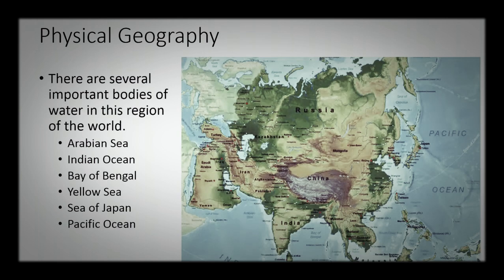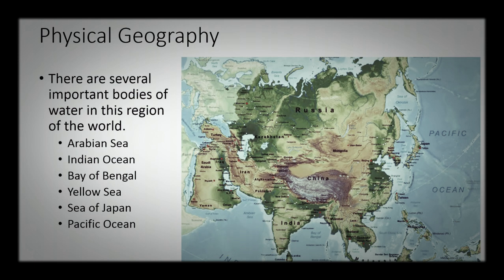This region is surrounded quite a bit by water. We have the Arabian Sea, which borders Oman and India and Pakistan. So the Arabian Sea is pretty far to the west and pretty far to the north. All right, just south of the Arabian Sea, just south of India and Sri Lanka, we have the Indian Ocean, and it's a very, very large body of water.